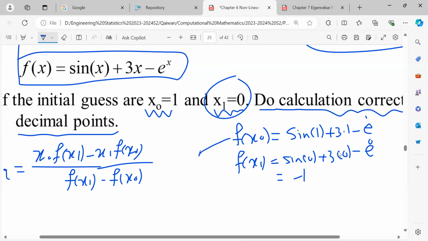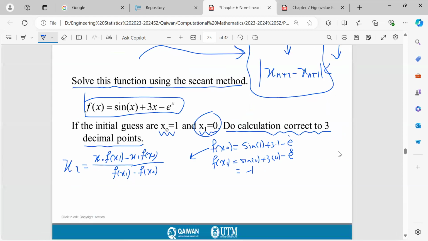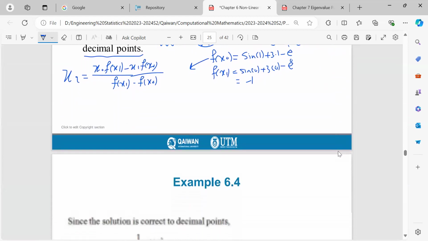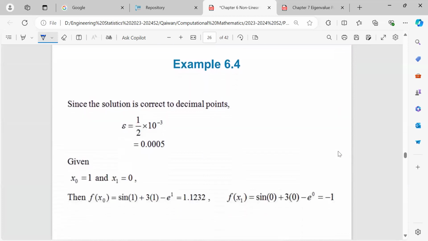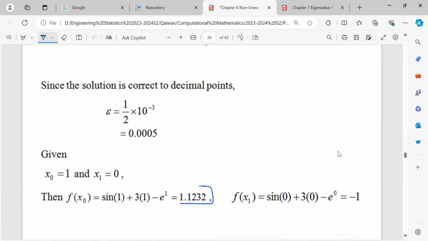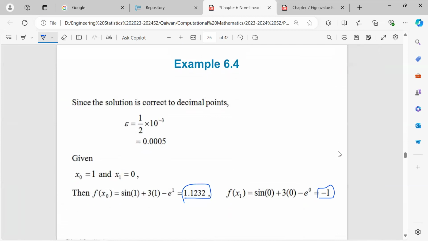Then we plug these values into the formula to get x2. This is f of x0, and this is f of x1. It's 1.232.